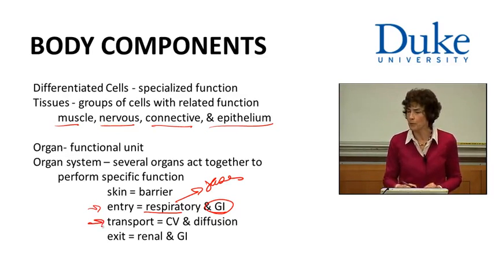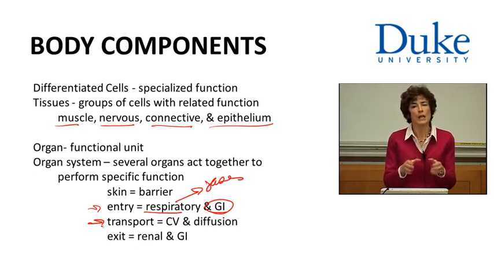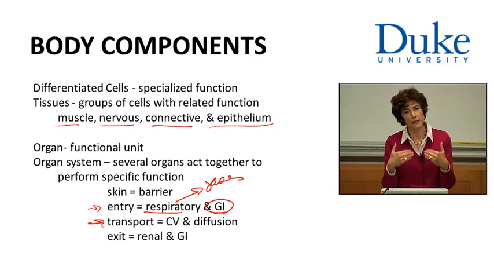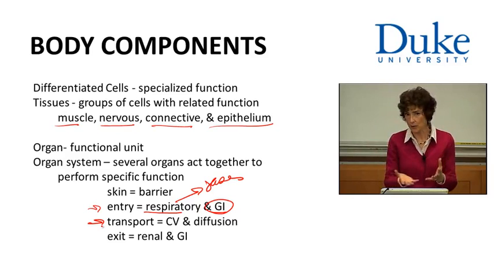We also have transport systems, and the transport system is predominantly the cardiovascular system. The cardiovascular system takes the nutrients that are entering from the GI tract and delivers them to all of the cells. It takes the gases which are coming in from the lung, the respiratory system, and delivers that to all of the tissues and organs of the body.